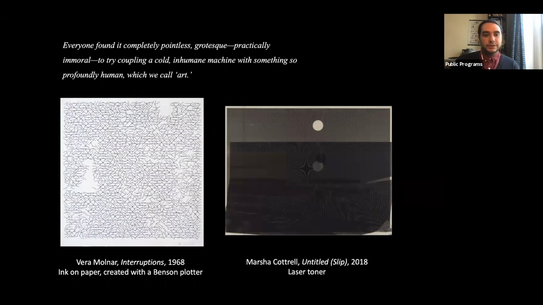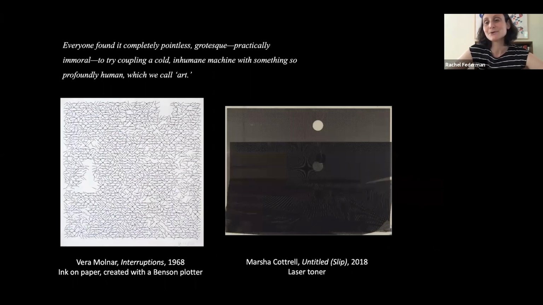The first question is, why was it shocking for critics or artists that Vera Molnar would use a computer, a machine, to make art when people were already making abstract art with typewriters for decades? Oh, that's actually a really good point. I would say that the same critics who had a problem with Vera Molnar using a machine to create art probably also had issues with artists who were using typewriters to create art.